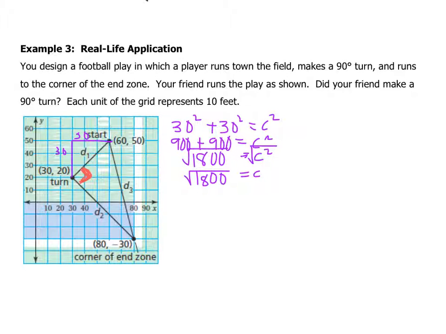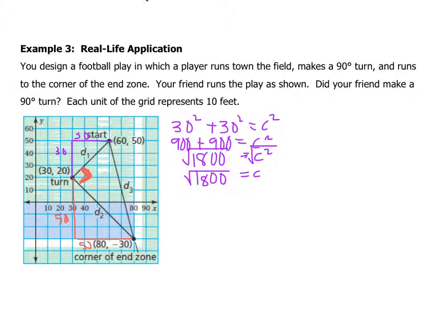All right. So now let's move on to D2. I'm going to start at this turn, and I'm going to go down and to the right. So I'm going to go down 10, 20, 30, 40, 50. And then I'm going to go to the side, also 50, 10, 20, 30, 40, 50.